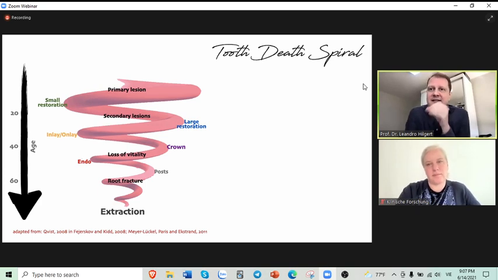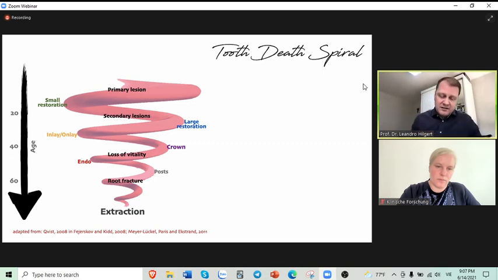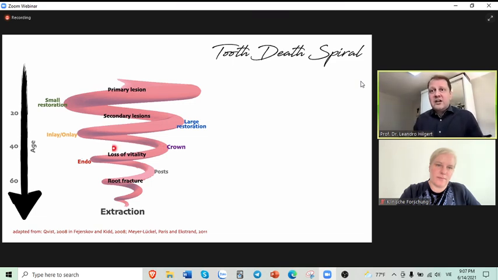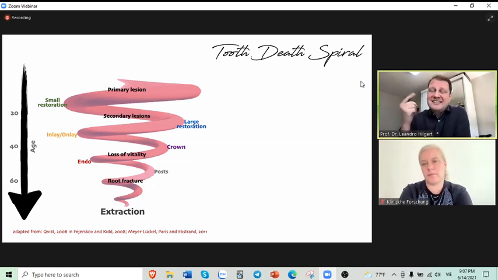I want you to look at this slide and think, if you haven't seen this patient before during your dental school or now in your practice: patients that start with small restorations, and these small restorations become larger restorations, and every time they get more complicated, and we have more destruction of the crown. And for patients that are young, we are seeing the need of extracting a tooth because it has suffered from the tooth death spiral, or the restorative cycle.